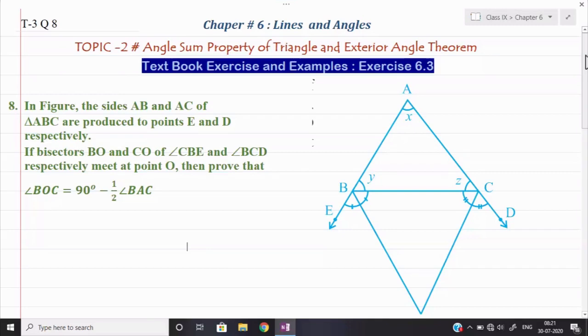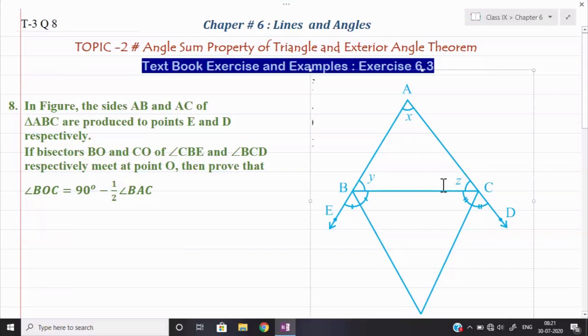After producing the sides to those points, you can see some exterior angles have been formed. For example, one angle is angle CBE and the second angle is angle BCD. These two angles form exterior angles, and the bisectors of these exterior angles have been drawn, and those bisectors meet at a point O.